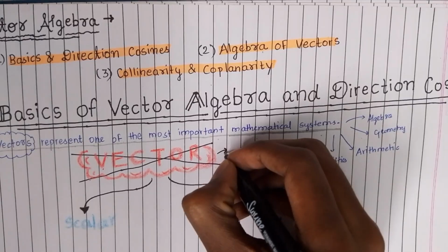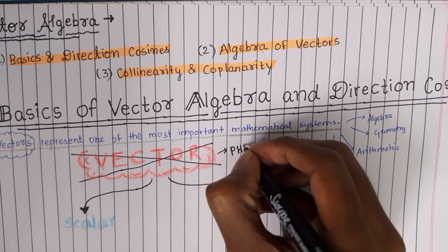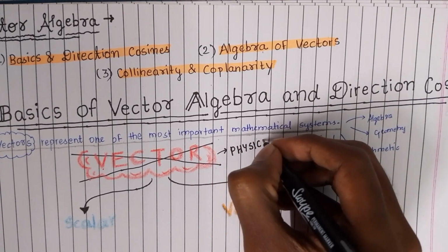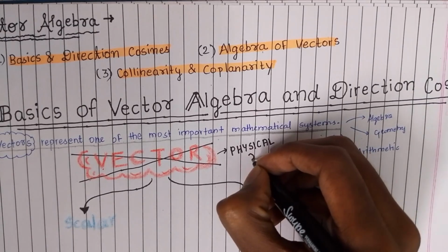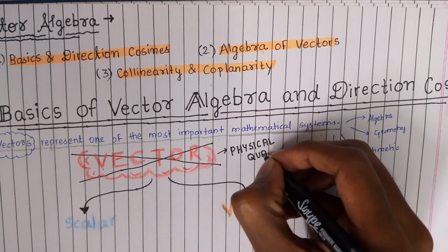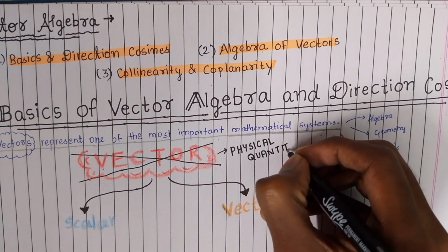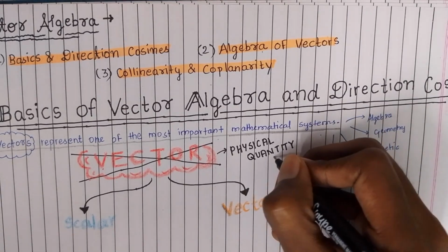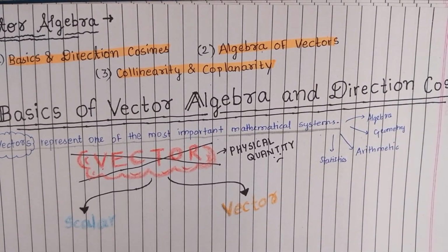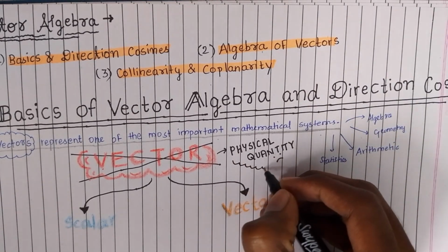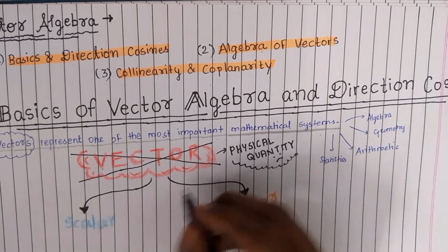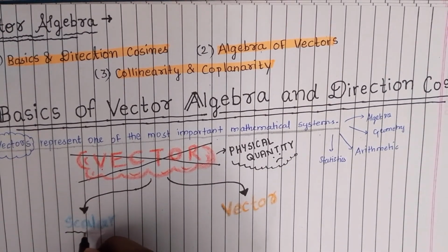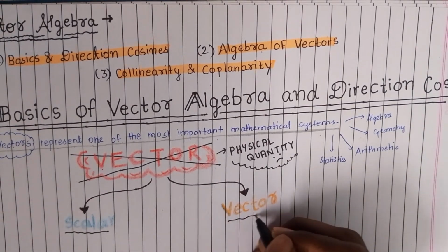It should be physical quantity. My bad, I apologize. Physical quantities are of two kinds: scalar and vector.